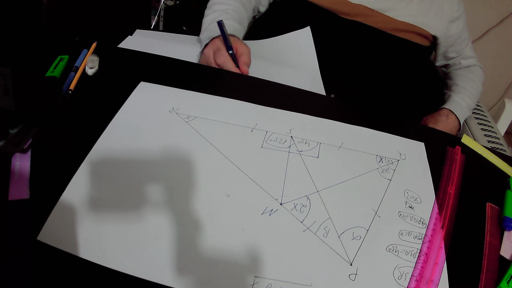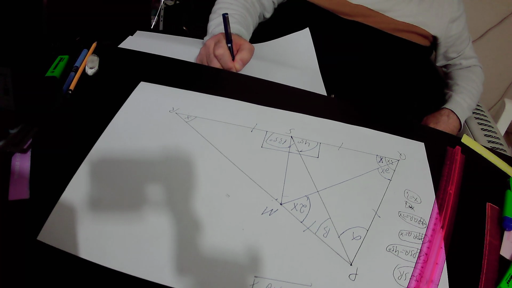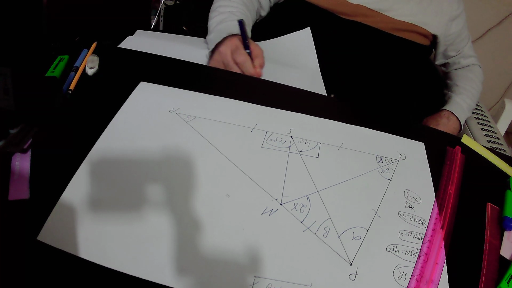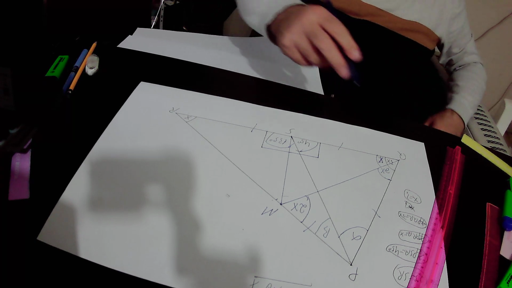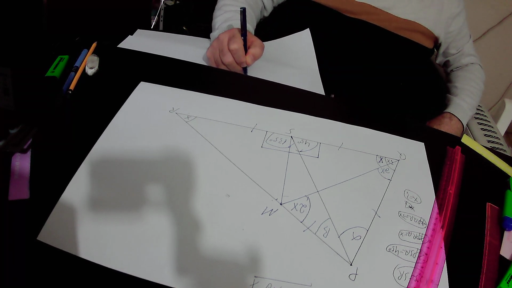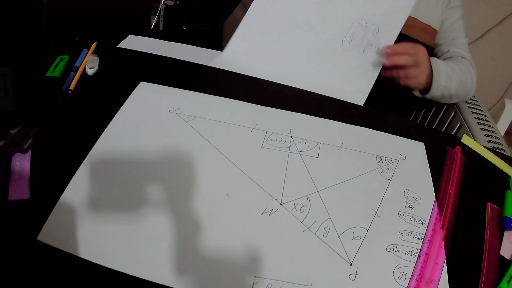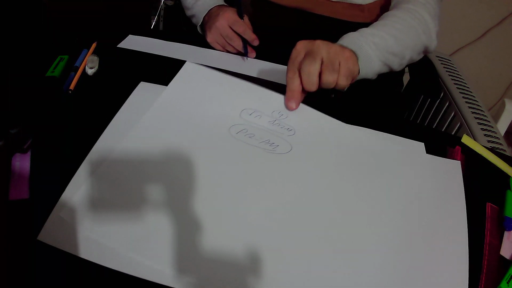We can write down that in triangle PQM we found out that PQ equals PM. Again, PQ equals PM.